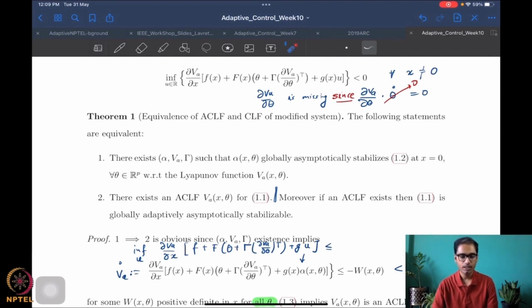So the power of ACLF is now, I hope, well understood. If one is able to construct an ACLF, then you already have achieved a big goal, because just by using this ACLF you can now design a controller, right?